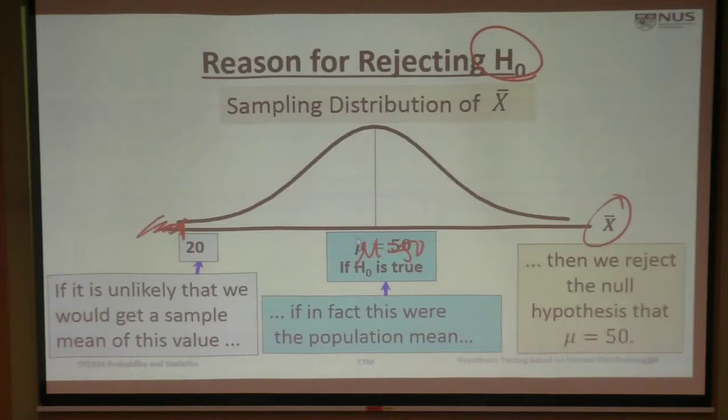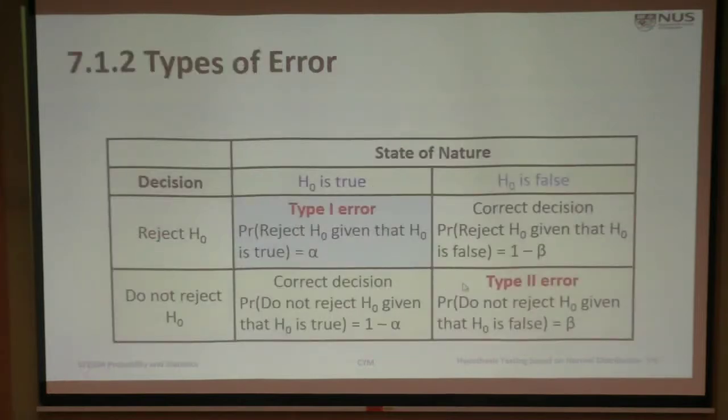That is the idea. If it's unlikely to see what you have in the sample, then you reject. Then you don't believe that the null hypothesis is true. So that's the idea behind hypothesis testing. Of course, hypothesis testing basically is a decision. If I see this, I decide whether I reject or do not reject a certain statement.